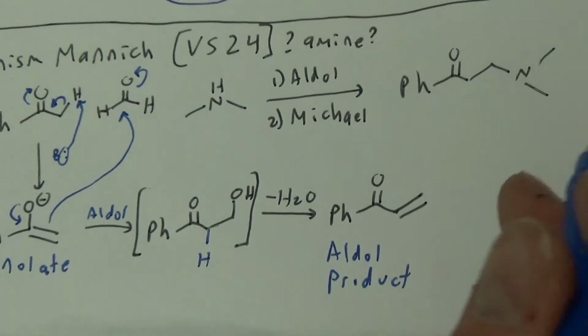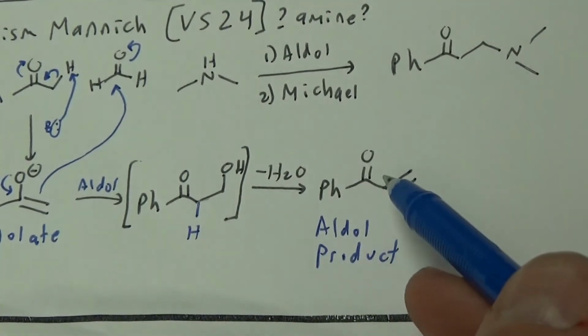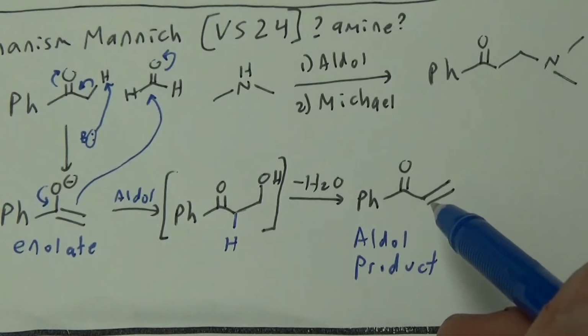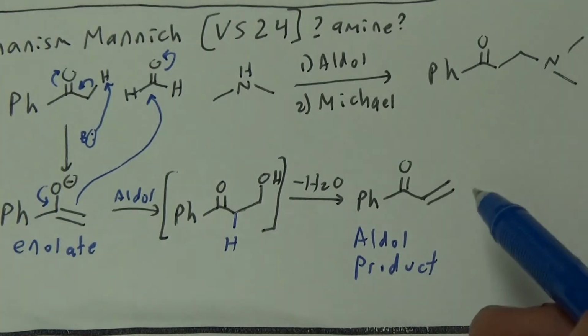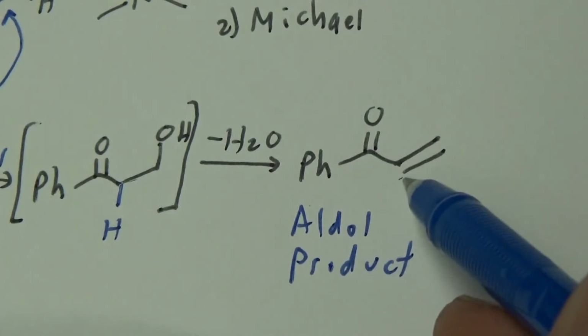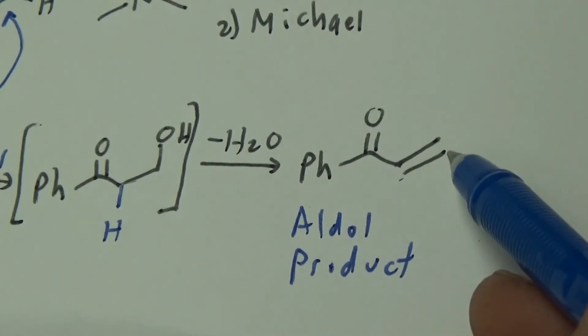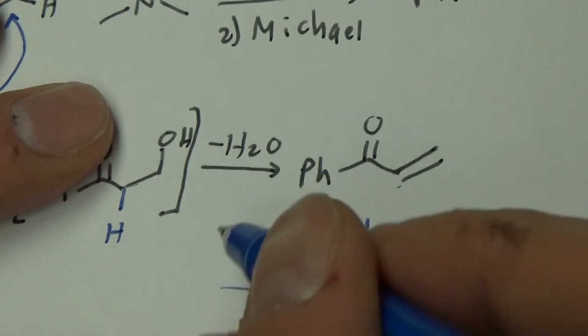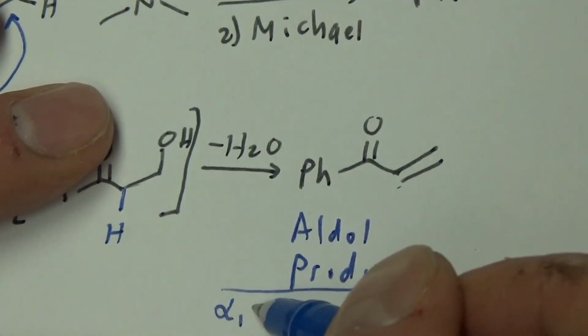And the name of the aldol product, we say it's like a ketone, right? We start with a ketone, we end with a ketone. But this is a ketone with a double bond between the alpha and beta carbons. That's the alpha carbon and the beta carbon. So the way we usually teach this, we give it a name. We say it's an alpha, comma, beta unsaturated ketone.